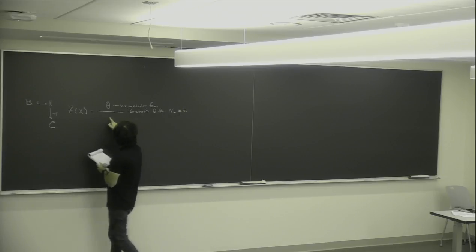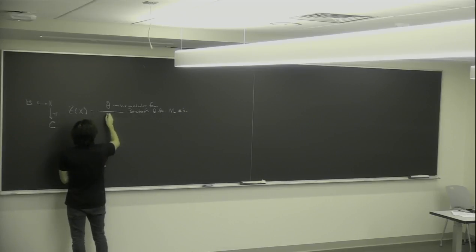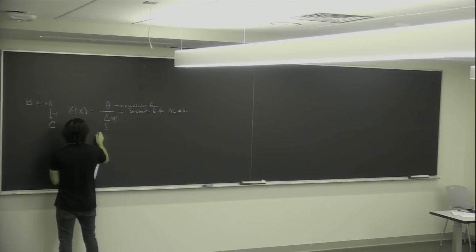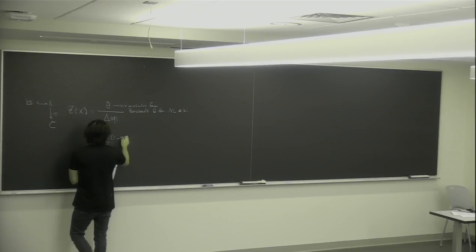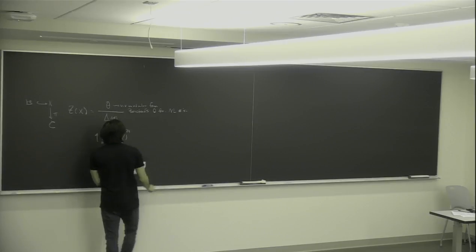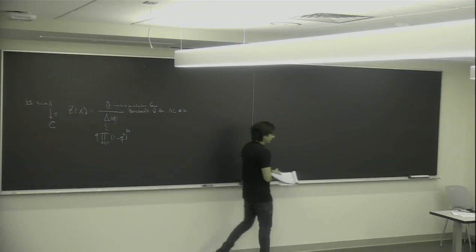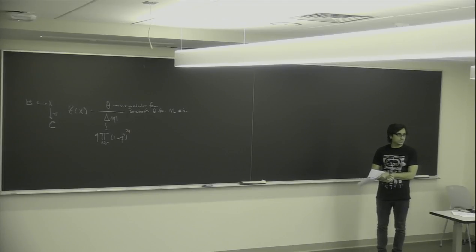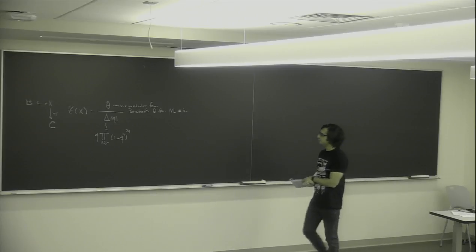And in the denominator of this thing, we had the discriminant cusp form, which was something like the product over n bigger than 0 of (1 minus q to the n) to the Euler characteristic of the K3 surface. And this thing is a scalar valued modular form of weight 12.